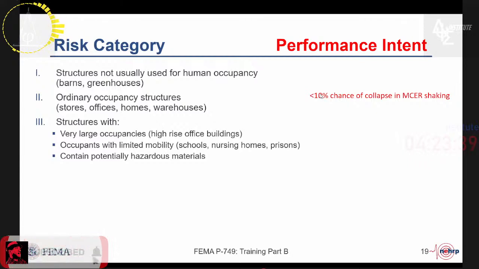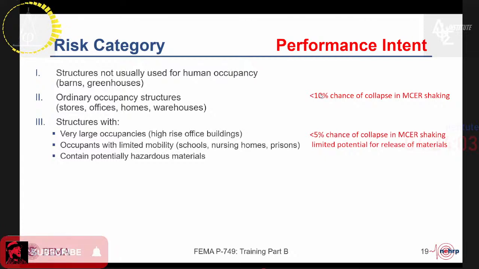It includes structures that contain potentially hazardous materials. Because the people that are in some of these occupancies are less able to get out of a damaged building than most of us, and because there are significant consequences to release of hazardous materials, ASCE 7 seeks to provide somewhat better performance for these structures.